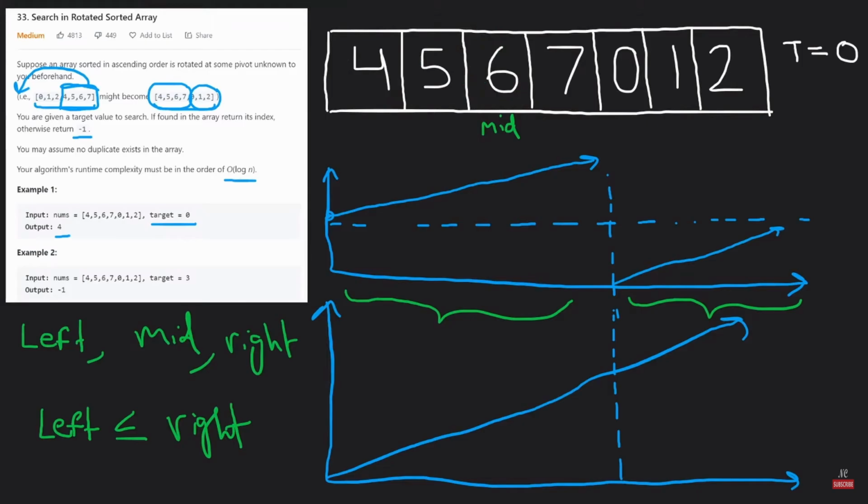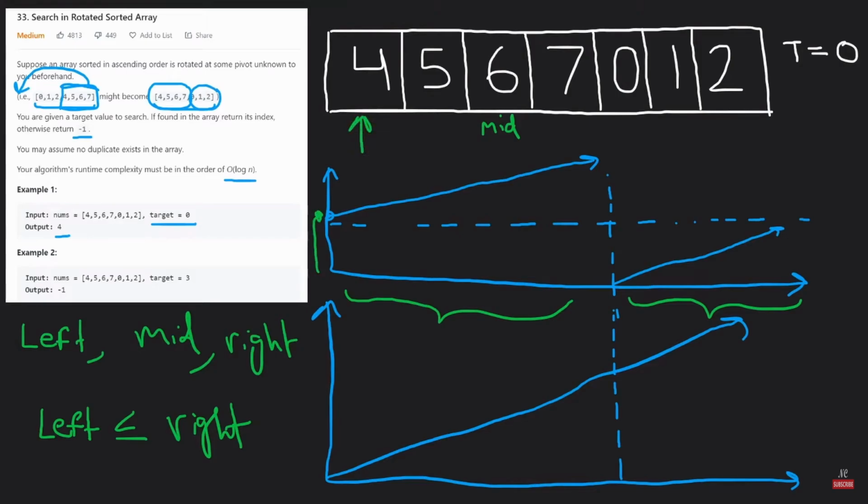What if our target is less than the middle value? What if our target was less than 6? Well, these two numbers are less than 6, and these three numbers are less than 6. How do we know which way to go? Do we go left or do we go right? We can't go both directions in a binary search. The key is to see that in our left sorted portion, the smallest value is right here, or on our graph, it's right here.